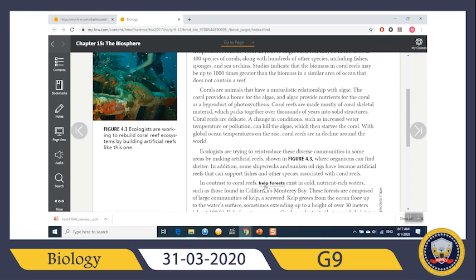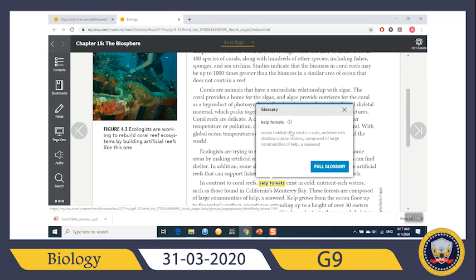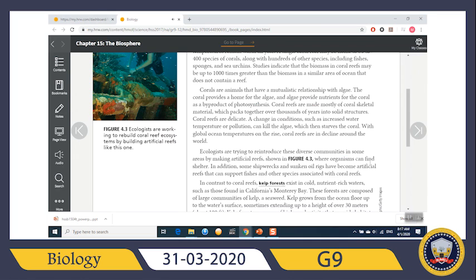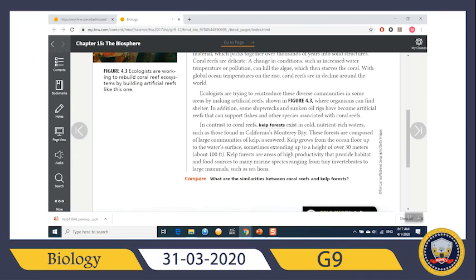Now, coral reefs and kelp forests. What are kelp forests? A kelp forest is an ocean habitat that exists in cold, nutrient-rich, shallow coastal waters, composed of large communities of kelp, a seaweed, such as those found in California, Monterey Bay.